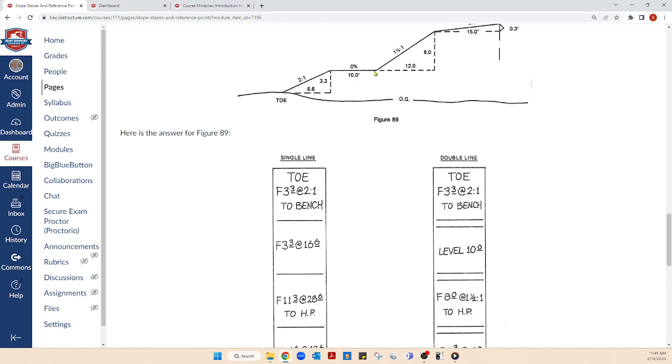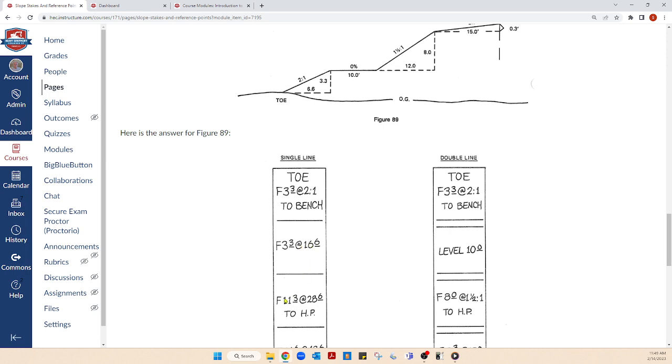Where did I get 7 there? That's 16.6. There's that, the horizontal. And it also says fill. Where am I going? Excuse me. Let me start over. One more time.